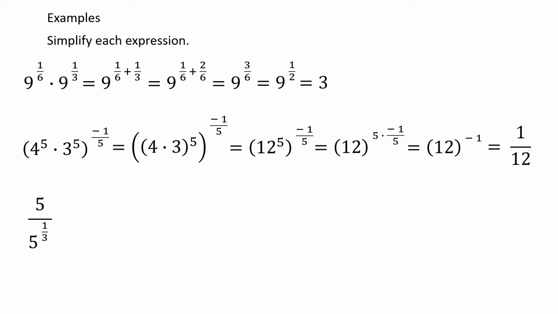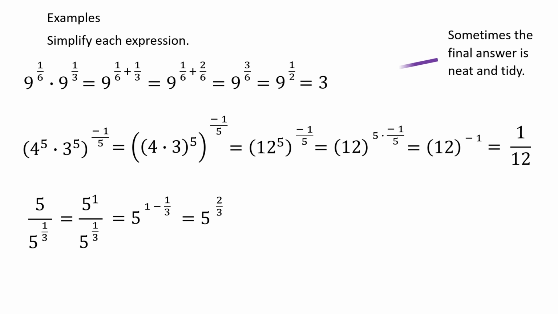Next, 5 divided by 5 to the 1/3. Bases match, so I can actually subtract the exponents. If you're like, hey, what do you mean exponents? Well, if I just see 5, I've got to remember that's 5 to the 1st power. I need a common denominator, so I will think of the number 1 as being 3 over 3.